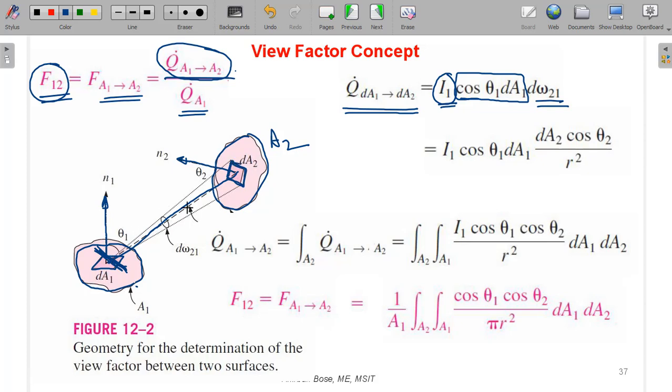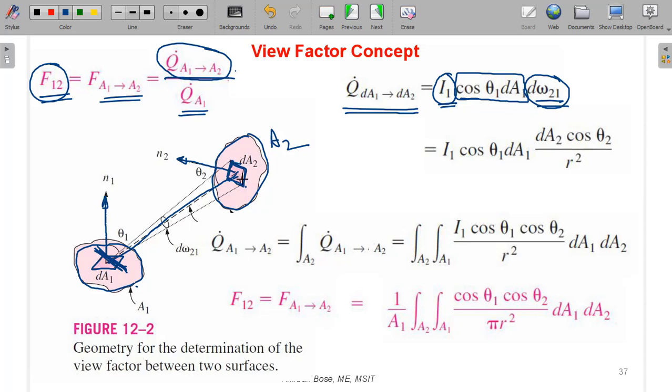That means you are looking from 1, and how much is the solid angle that you will observe? So 2 will subtend the solid angle at 1. So dW21.